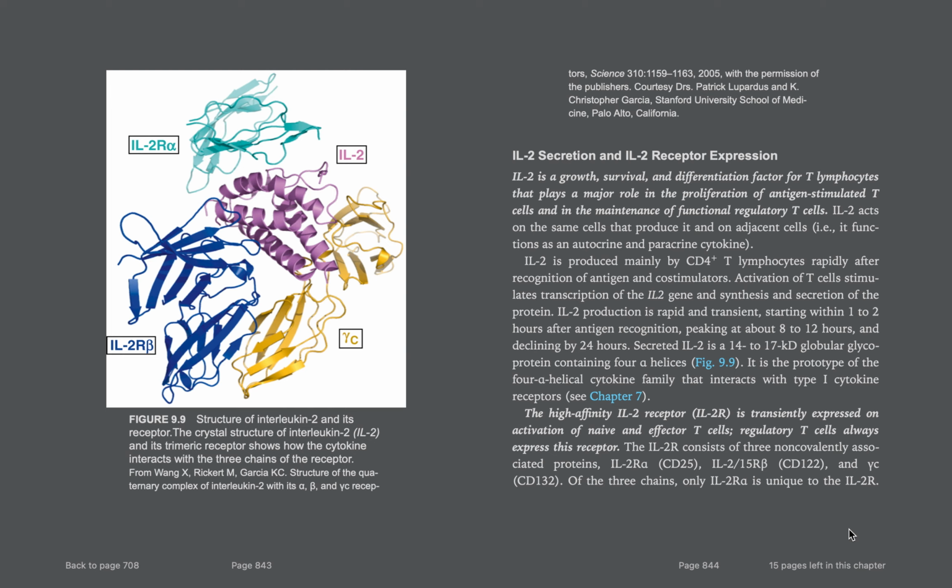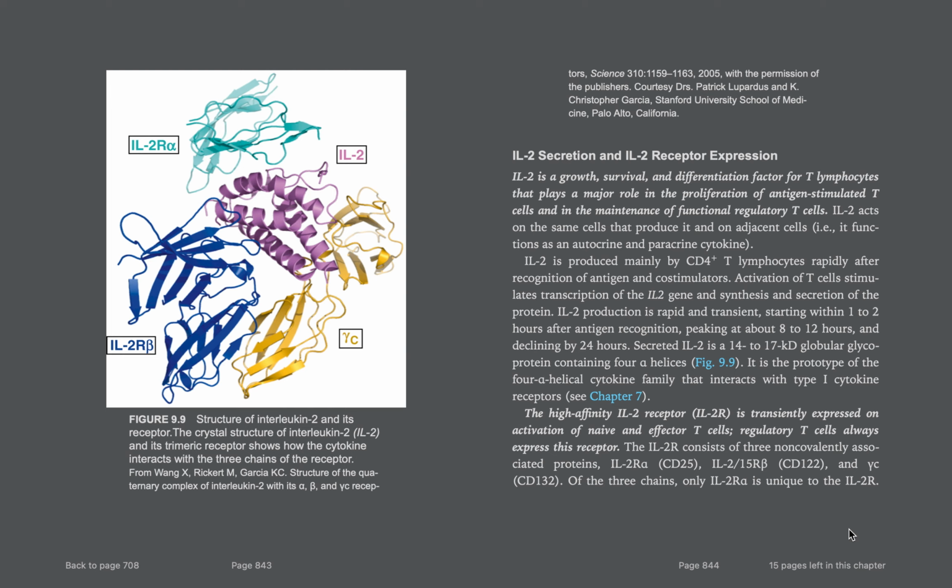Activation of T cells stimulates transcription of the interleukin-2 gene and the synthesis and secretion of the protein. Interleukin-2 production is rapid and transient, starting within 1 to 2 hours after antigen recognition, peaking at 8 to 12 hours and declining by 24 hours.